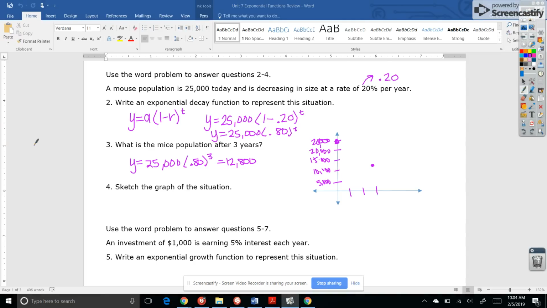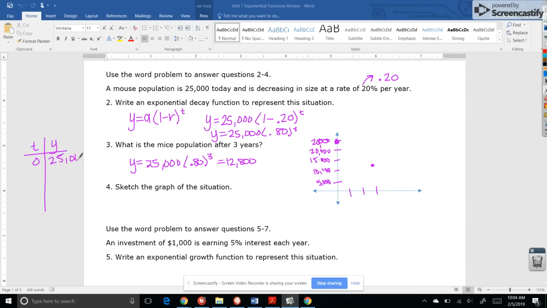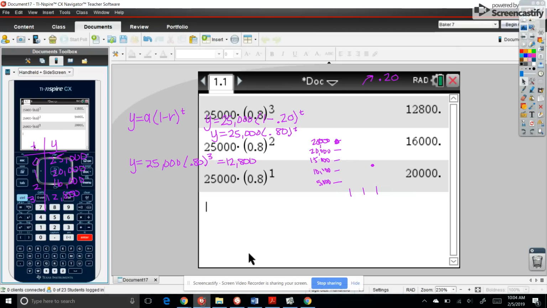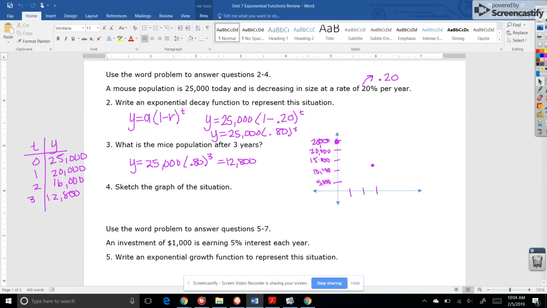So if I make a table, time, so 0 was 25,000, 1 was 20,000, 2 was 16,000, I think. I'll go back and check. Okay, let me check that again. 16, yeah. Okay, so then I'm at 20,000 there, and then 16,000 there.